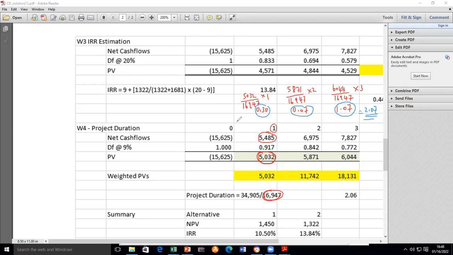What do you find? When you add these three, that plus that, is 2.07 duration. We add these figures.